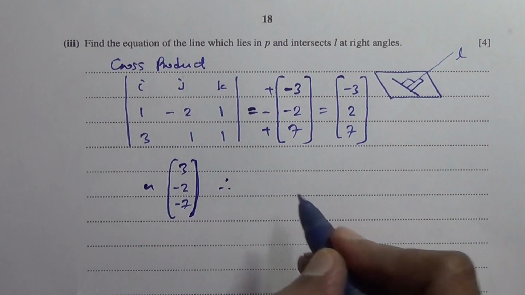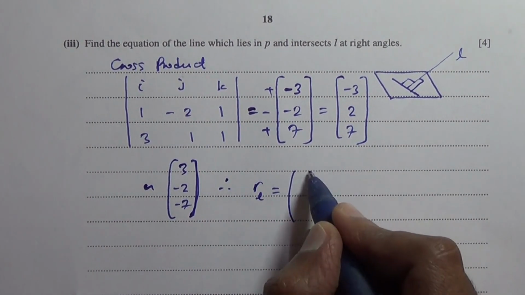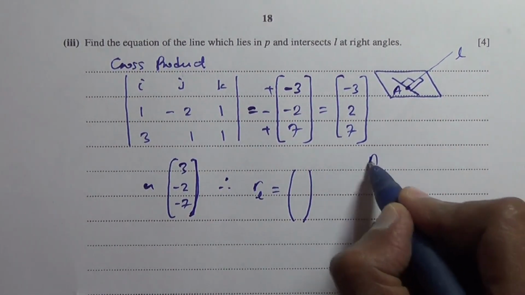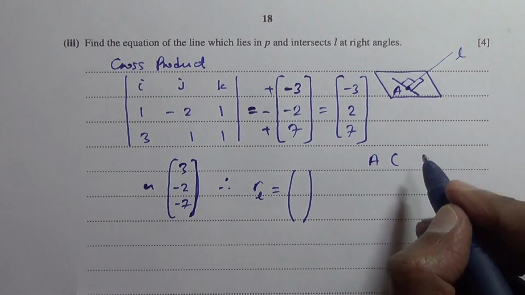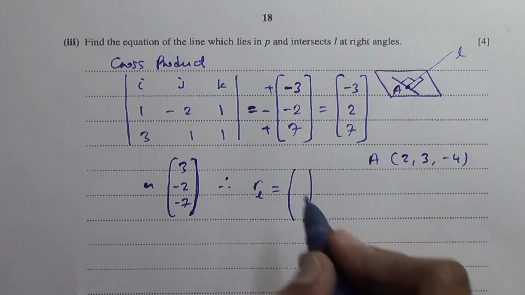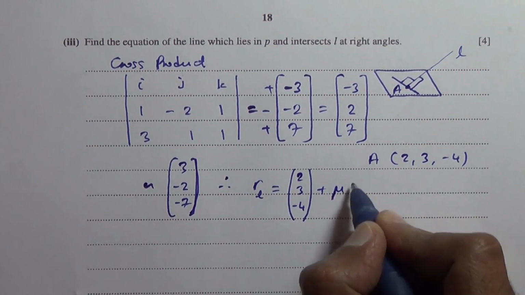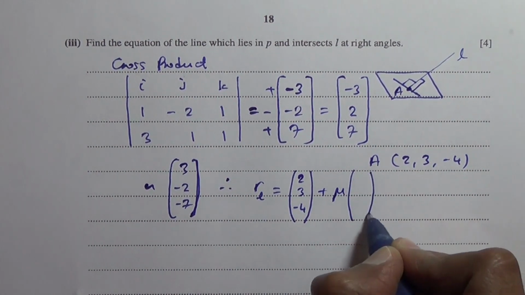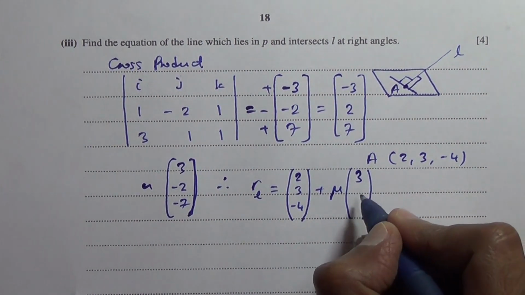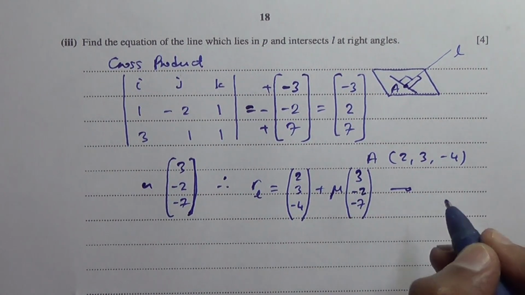Therefore the equation of this line is going to be equal to, remember, we can take the point A here, and we know that A was found to be 2, 3, -4. So we're going to put 2, 3, -4, plus some parameter times the cross product of the direction vectors, which is 3, -2, -7. So here we are. Take care.